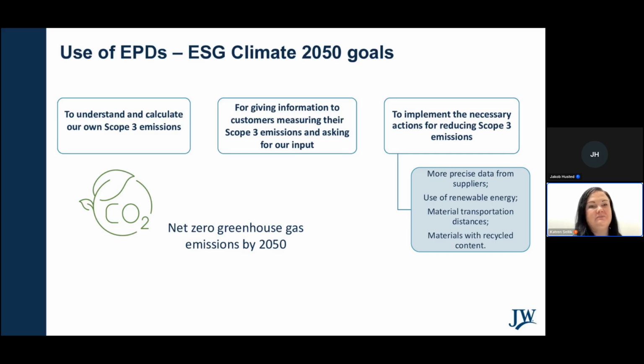So actually, in Europe, we also use the EPDs and the life cycle assessments to understand and calculate our own scope 3 emissions. We have seen our US ESG team also being really excited about the EPDs and the One Click LCA system itself. We also have some users on our license from the US.